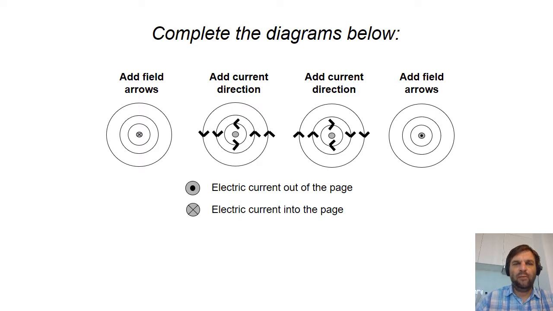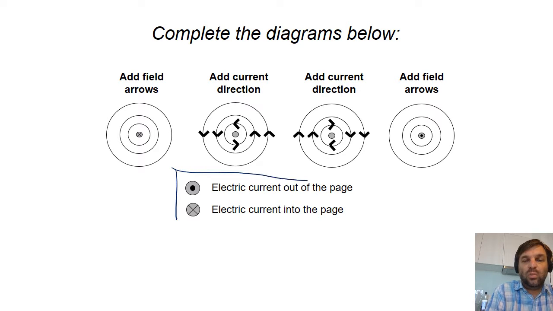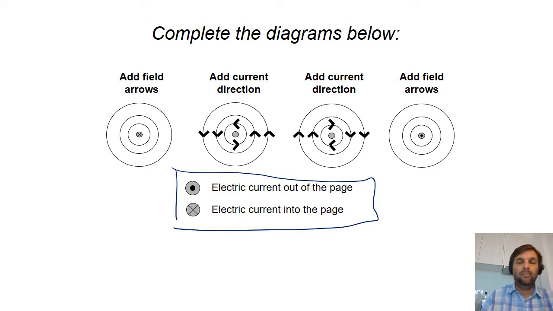Here are 4 examples. You need to complete the diagrams below to include the direction of either the field or the electrical current. The important point to note is this one here, which you may not be familiar with. A dot on the wire means that electrical current is going out of the page towards you, and electrical current going into the page is shown as a cross.